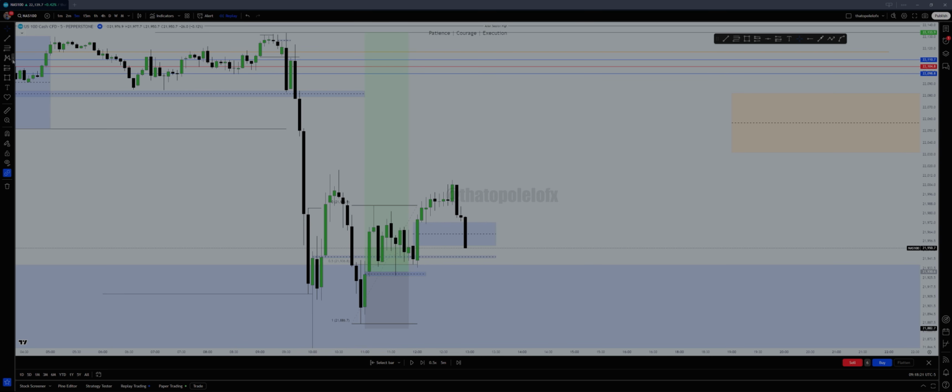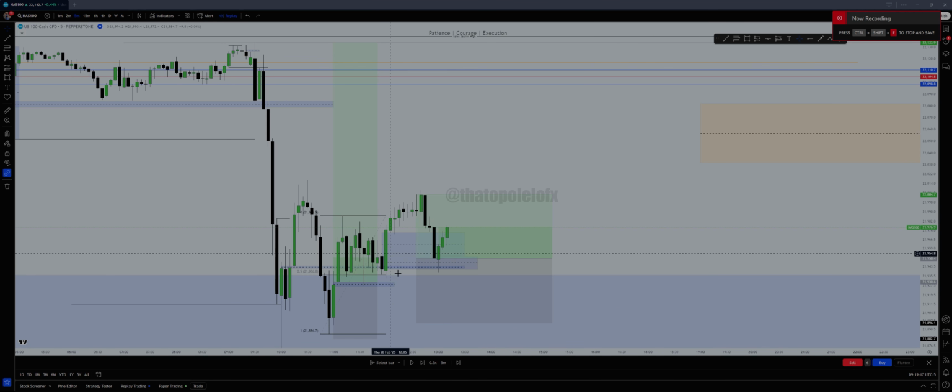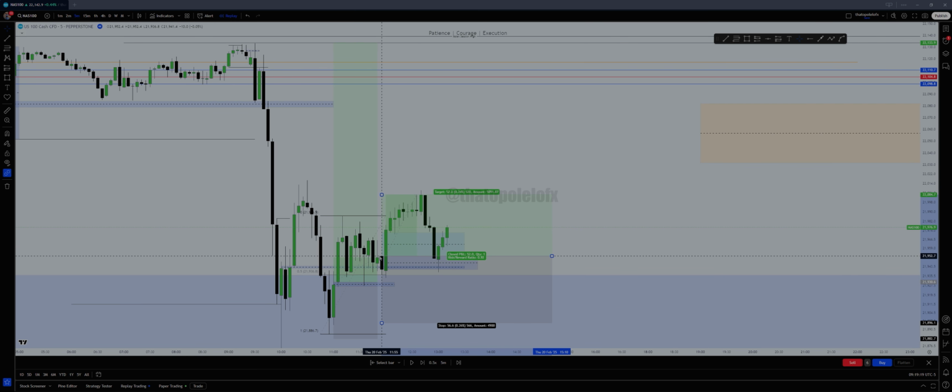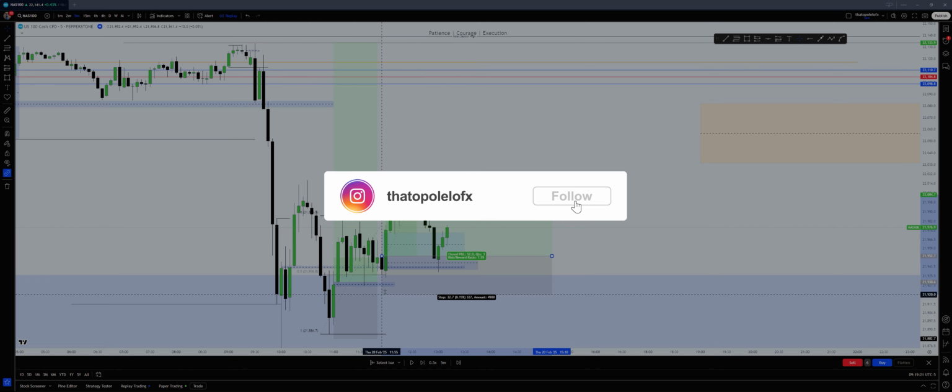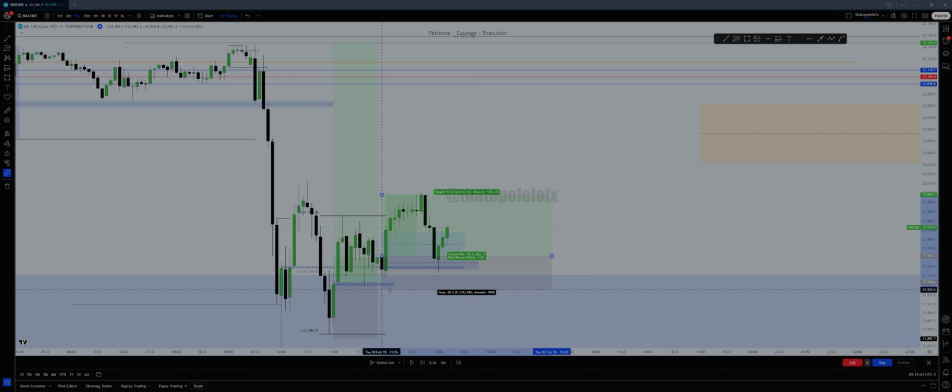That is where I entered my second entry using this order block. I used this order block as my entry, and I used the previous entry point as my stop loss. Why?